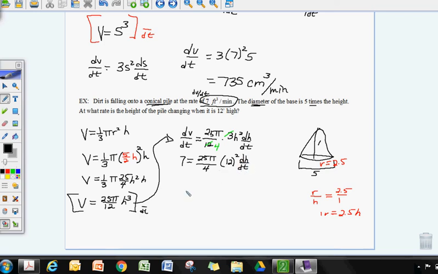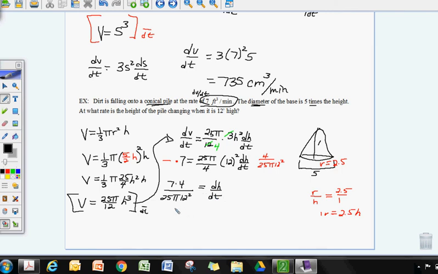So to get dh/dt by itself, I'm going to multiply each side by 4 divided by 25 pi times 12 squared. That's what I'm going to multiply each side by. And when I do that, I end up with 7 times 4, all divided by 25 times pi times 12 squared, equals my dh/dt.